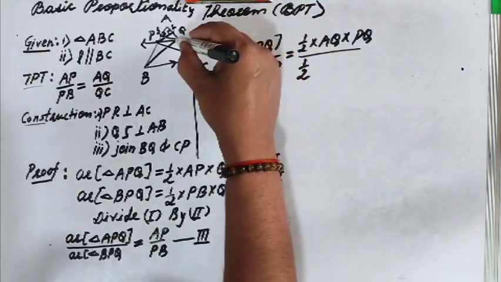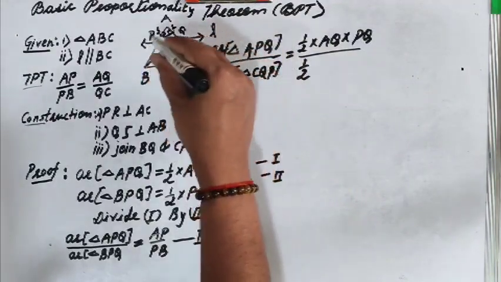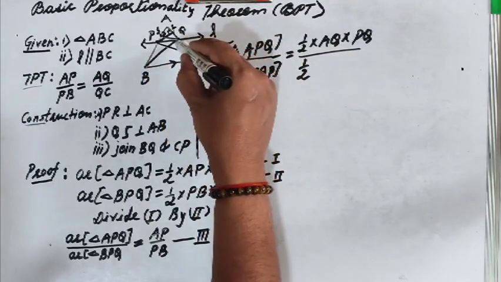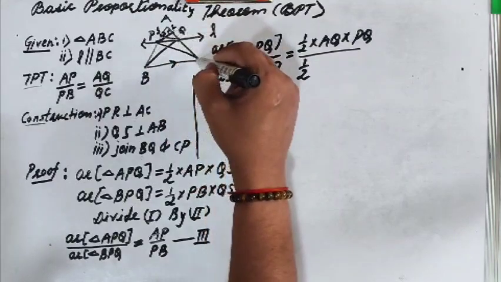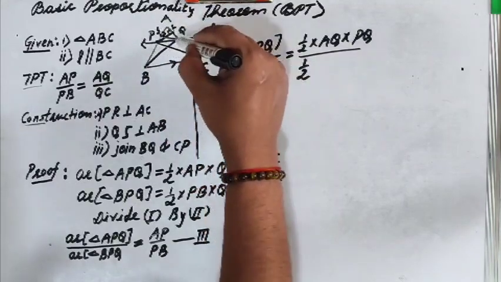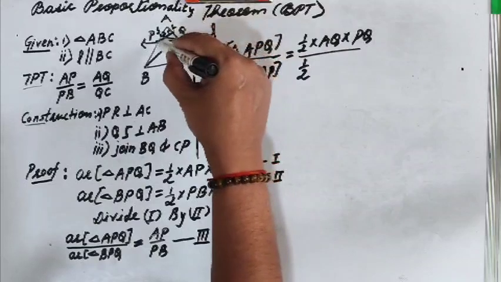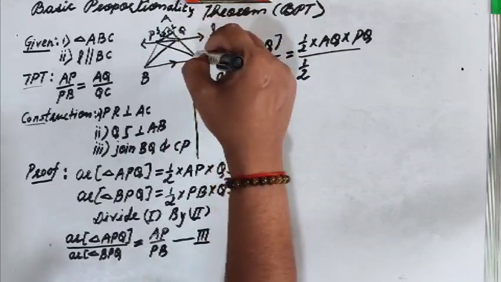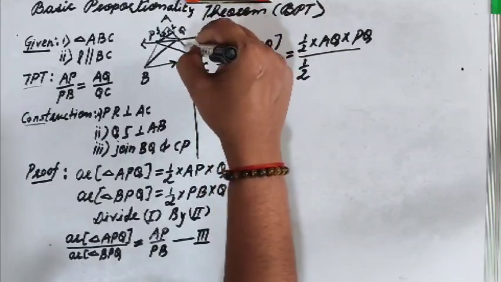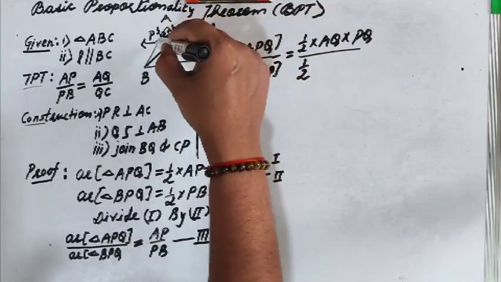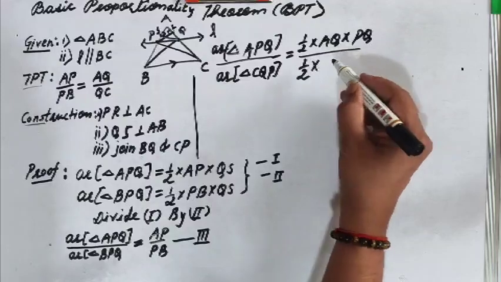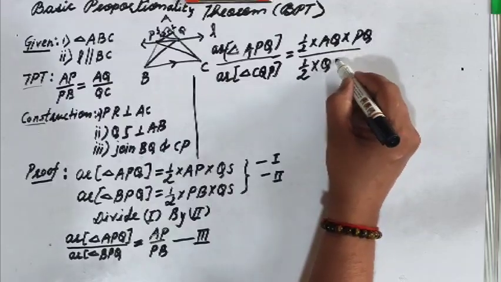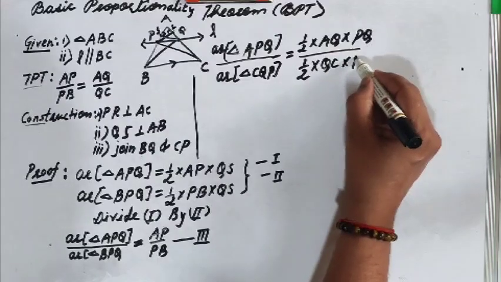Now this triangle CQP is obtuse at the point Q. So if you extend this line, you can see there is an extension of this line. PQ is also perpendicular to the extension of the line CQ, up to A. So 1 upon 2 into QC, which is a base, and the perpendicular is PQ.